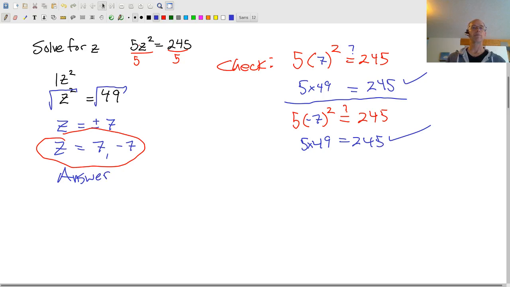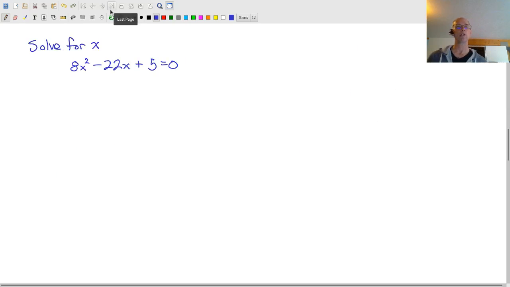Next problem. 8x squared minus 22 equals 5. So in this case right here, I have a couple options. I could try to factor, I could use the quadratic formula, or I could use completing the square. I'm going to try the quadratic formula this time.